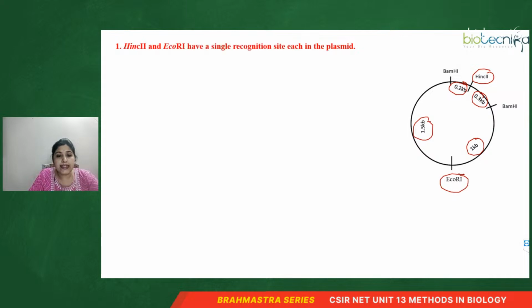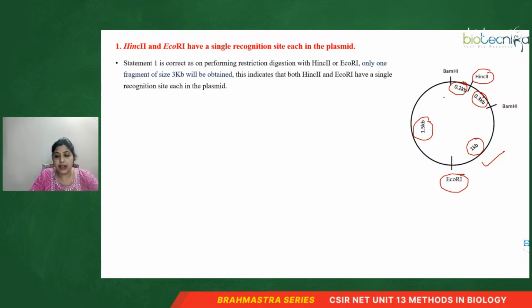Now, statement 1 is: HincII and EcoRI have a single recognition site each in the plasmid. If we look at this 3 kb plasmid, this statement is correct, right? Because if we simply perform digestion with HincII, this is a circular plasmid, it opens up and we'll get a 3 kb fragment. Similarly, if you perform restriction digestion with only EcoRI, it will cut over here, the plasmid will linearize and we'll get a 3 kb fragment.